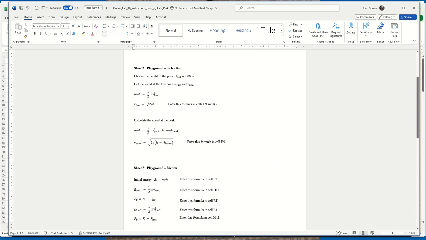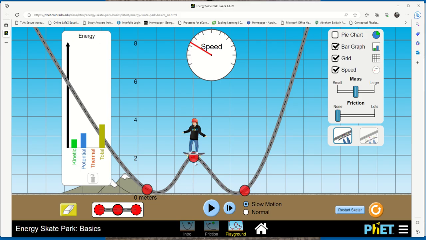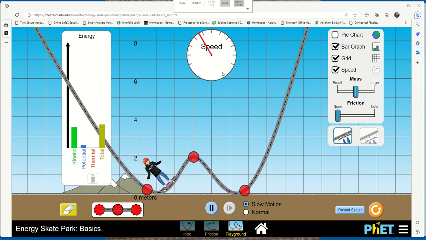Now we need to solve for v peak. Well, nothing complicated yet. V peak is root 2g times (h minus h peak). Because remember, he starts off at rest. His initial energy is mgh. But his energy at the peak, he's moving, but he's also clearly above the ground, above the reference point. When he moves through the peak, he has some kinetic energy, and he's also above the ground.